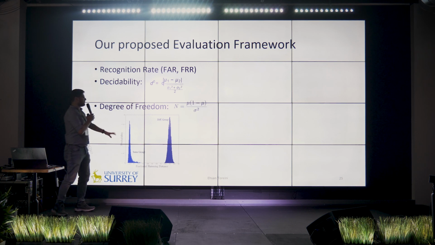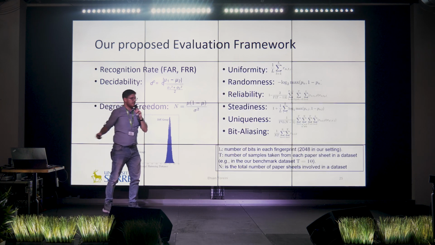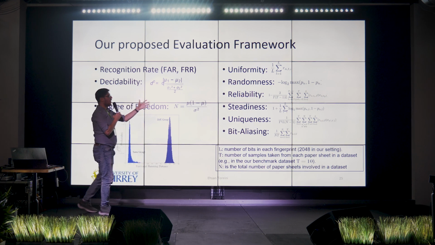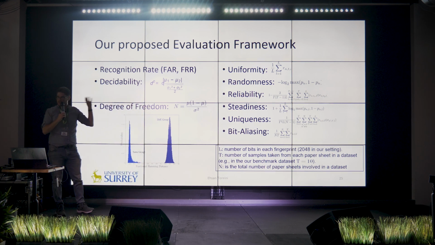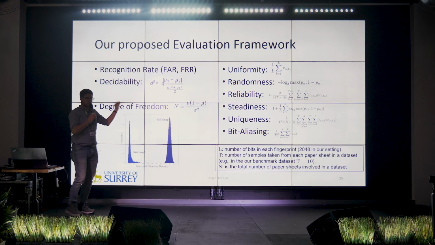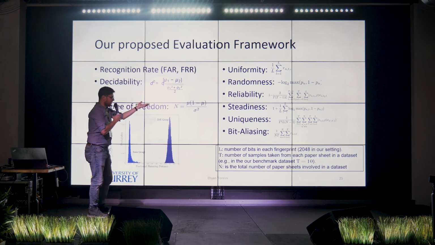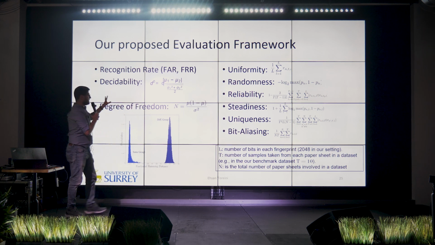So this is some sort of overview of how we evaluated that fingerprint. It's kind of like proof that we have a fingerprint, and then we just focused on the rest.